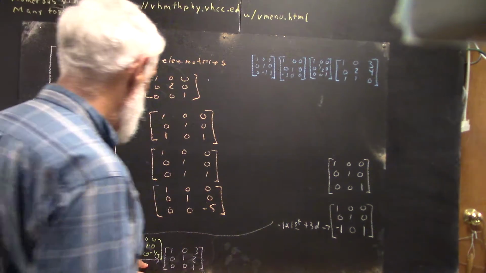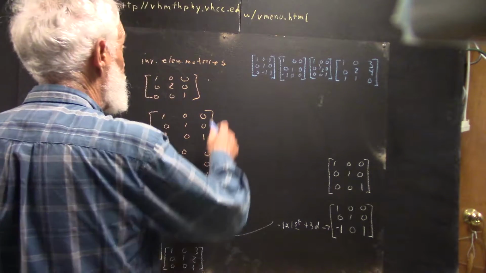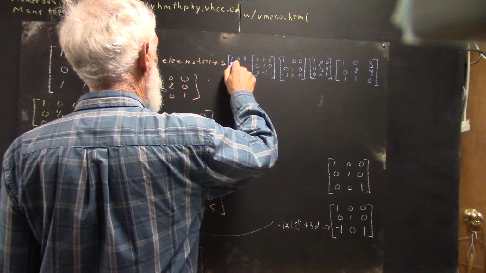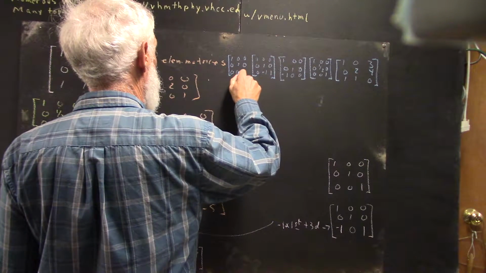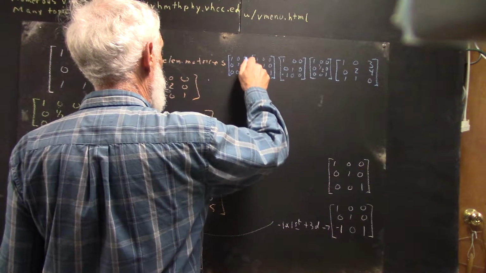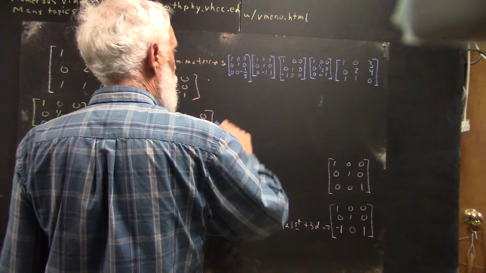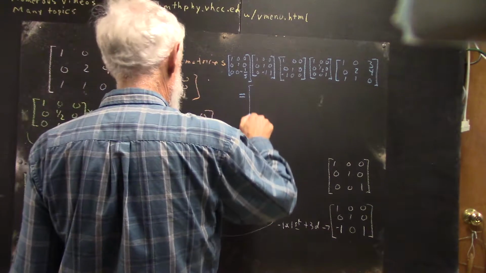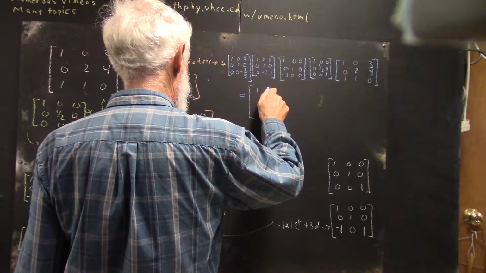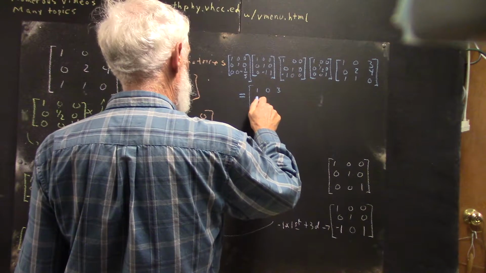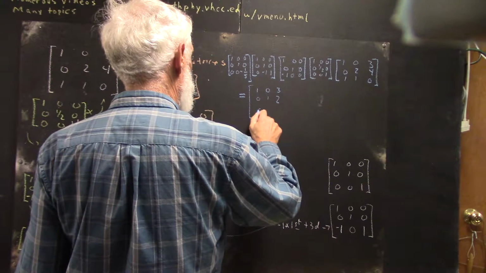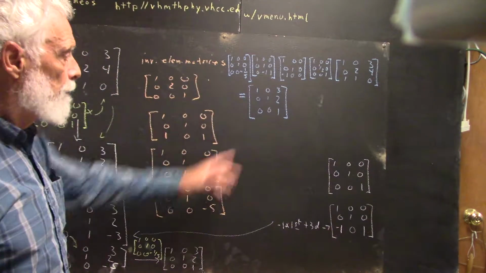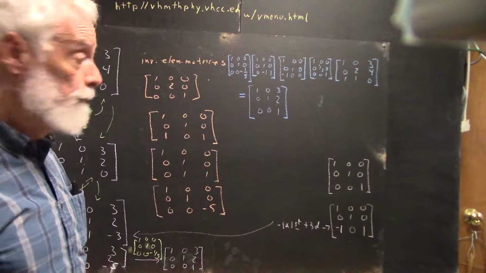And then finally I multiply by this. And my result is going to be this upper triangular matrix that we ended up with.